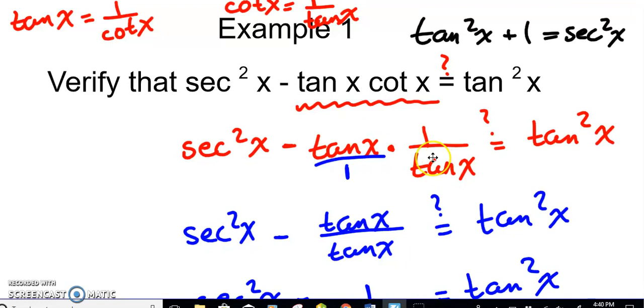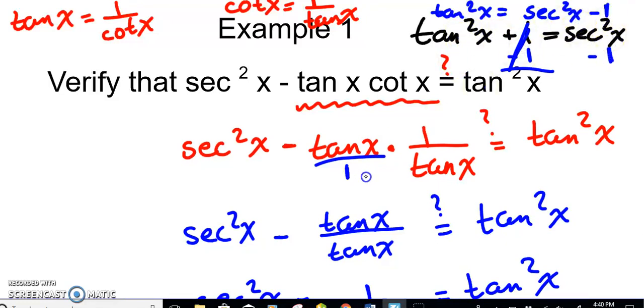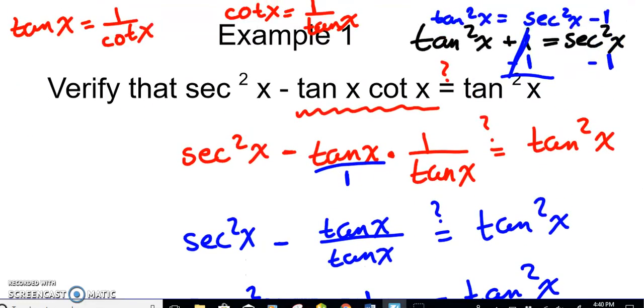So if I subtract 1 from both sides of tan squared x plus 1 equals secant squared x, that would cancel out, and you're left with tan squared x equals secant squared x minus 1.